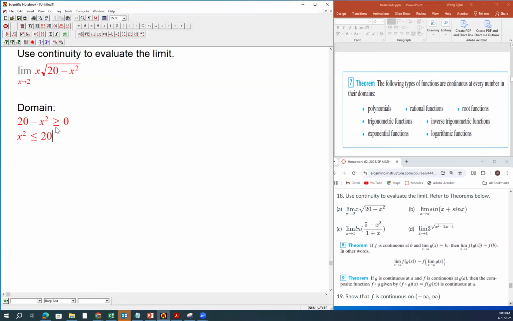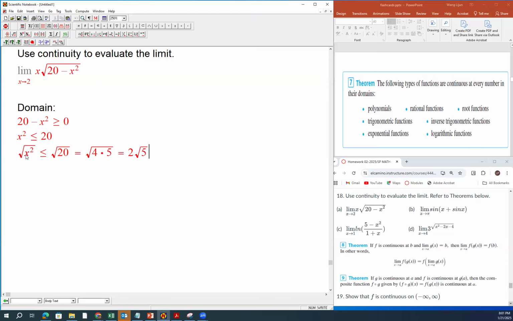Then we take the square root on both sides. Root 20 is root of 4 times 5, which is 2 times root 5.